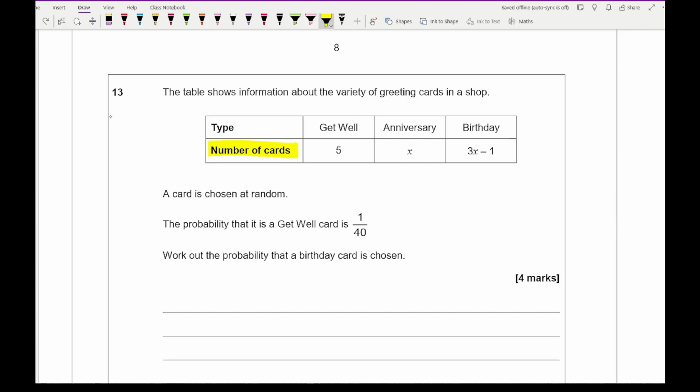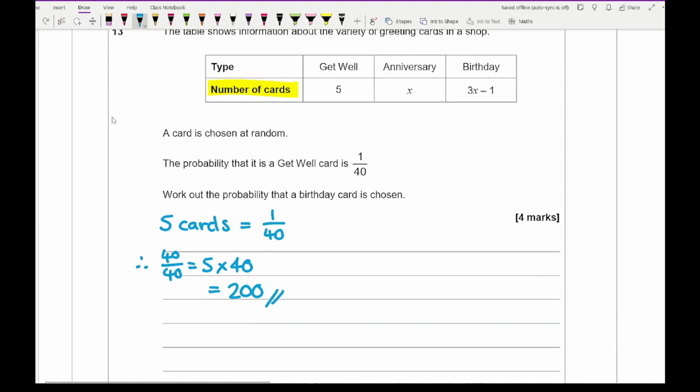So what we know is that 5 cards from the get well is equal to 1 over 40. So that means that if 1/40th is 5, then 40 40ths is going to equal 5 times 40, which is 200. So 200 cards altogether.